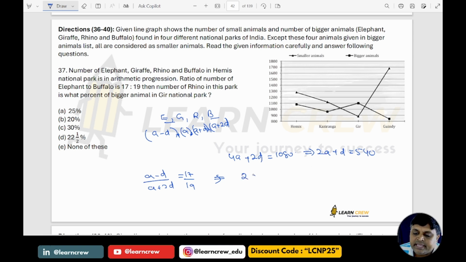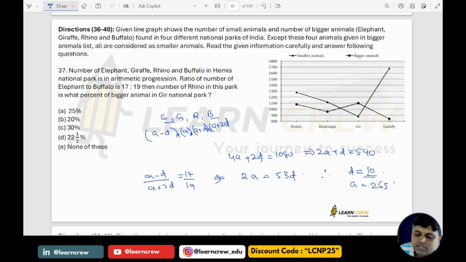So 2A is equal to 19 plus 34, 53. So 2A is equal to 53D. Therefore 53D plus D, 54D, D is equal to 10. If D is 10, what would be A? D is 10 means A would be 265.